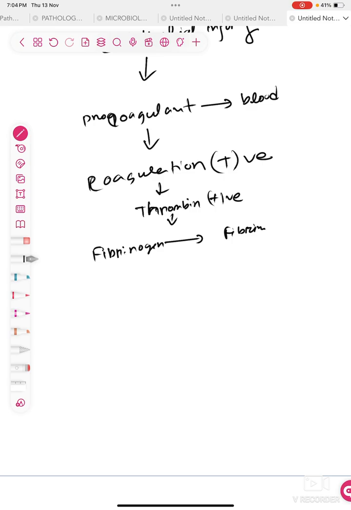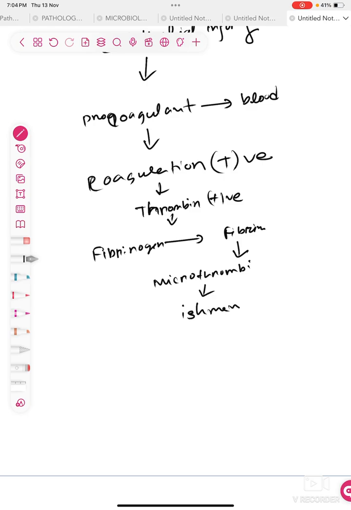So there is microthrombi formation. We know what thrombi are: thrombi are solid masses produced from the blood components in the vascular system in the living body. So there is microthrombi formation, and this causes ischemia.